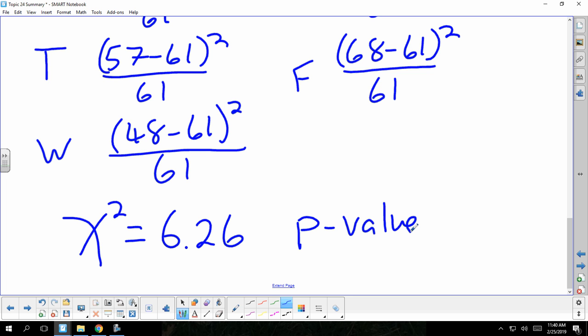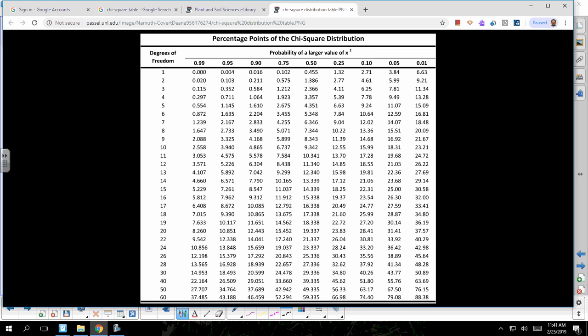And you're also given a chi-squared chart on the AP test as well. All right, so once I have that chi-squared, I want to find the p-value. I'm going to go ahead and go to my chi-squared chart. And the way this works is I have my degrees of freedom. In this case, what were the degrees of freedom?